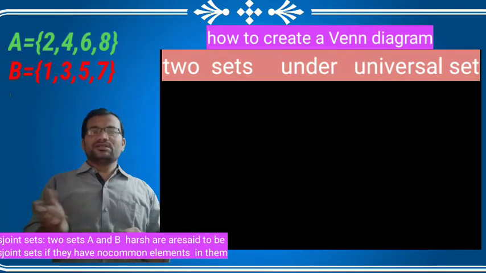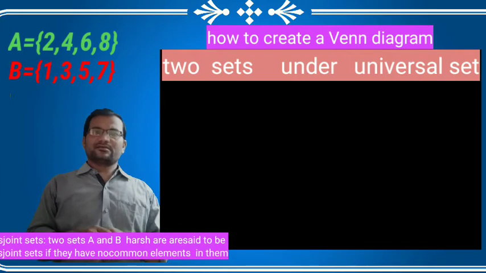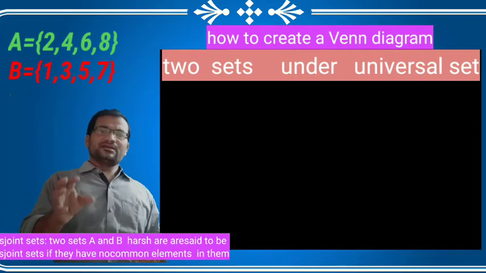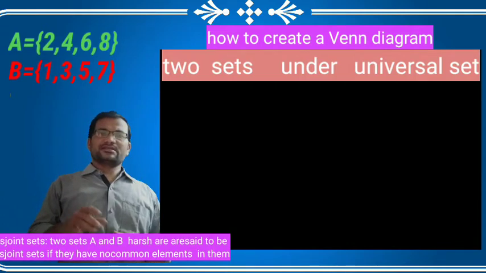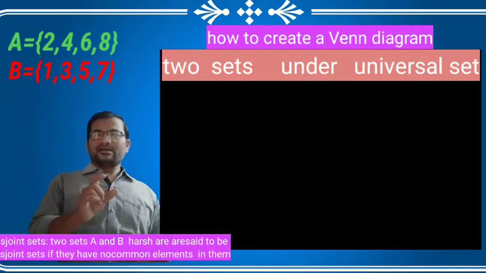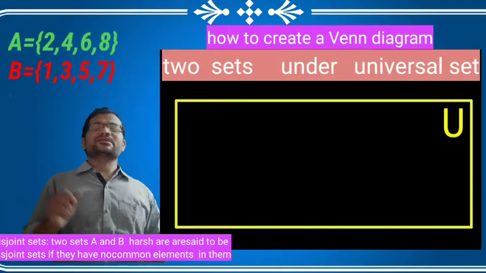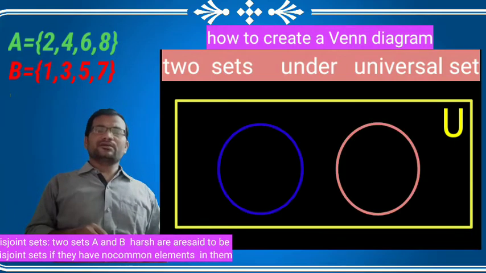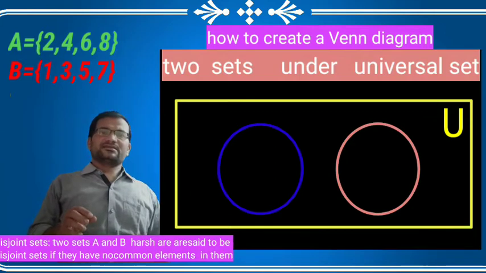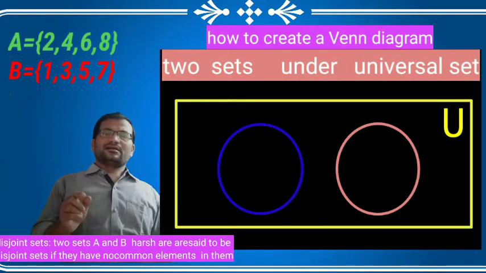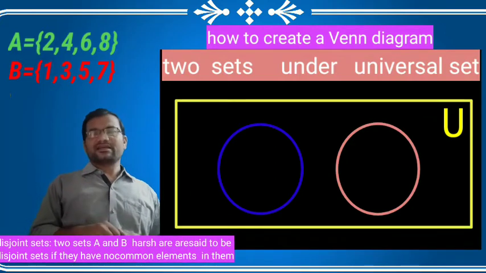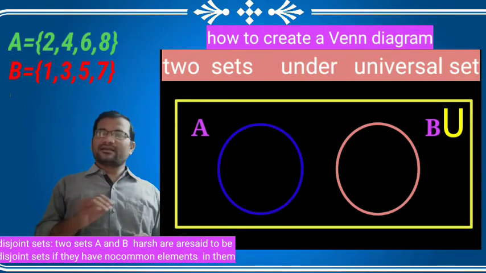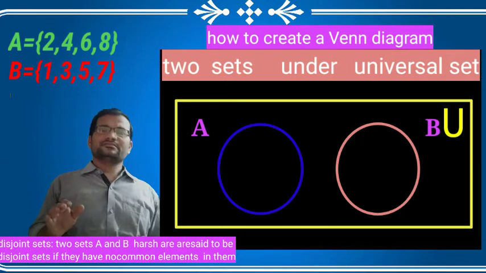We try to keep them in diagrams like this. As usual, draw the rectangle labeled U to represent the universal set and draw two circles for the two given sets. Draw two circles inside the rectangle, label them with A and B, and color them.